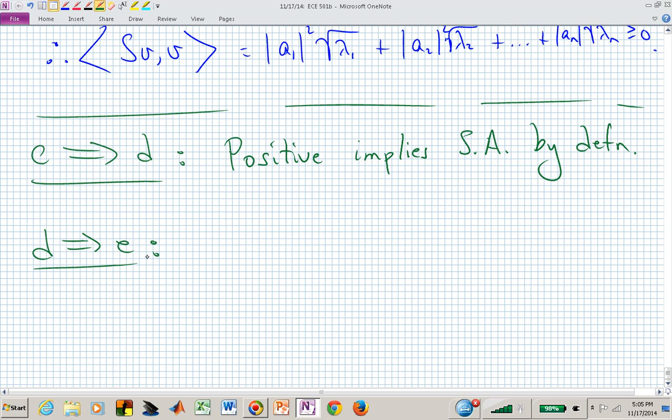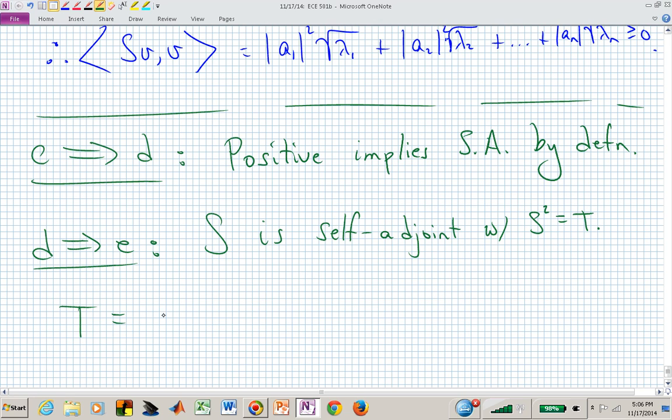D implies E. D is that we have a self-adjoint square root. S is now self-adjoint with S squared equal to T. That's what D says. That's the D statement, that we have a self-adjoint square root of T. So now what is T?